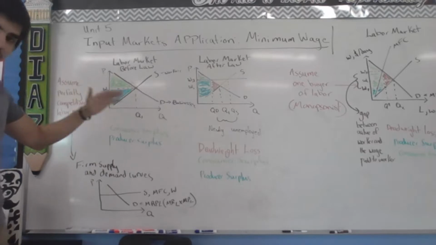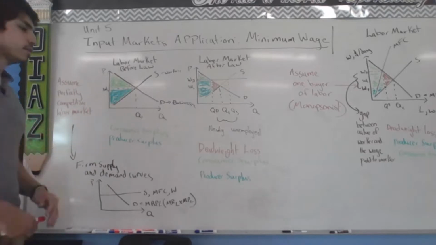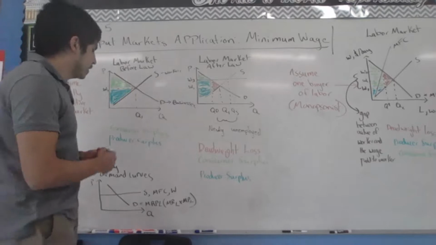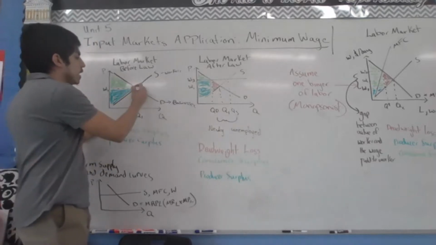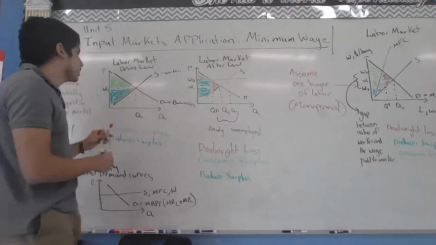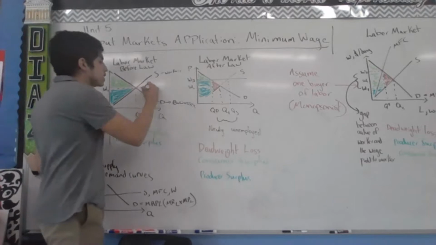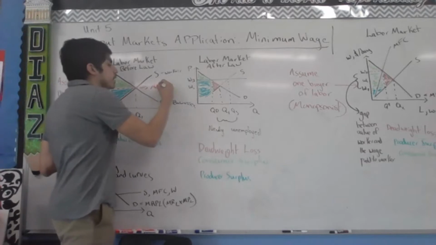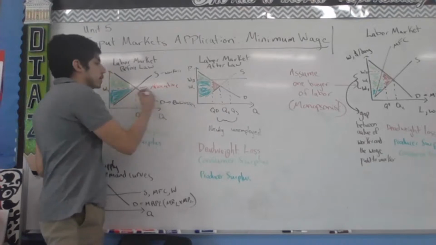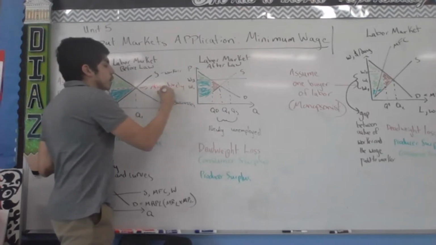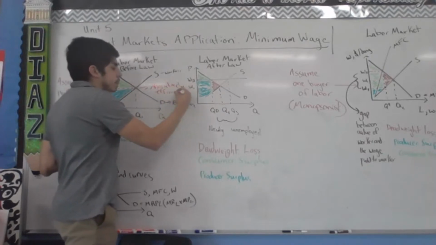markets are these allocatively efficient mechanisms, right? And if we assume perfect competition, the equilibrium point is going to represent the allocatively efficient price and quantity.